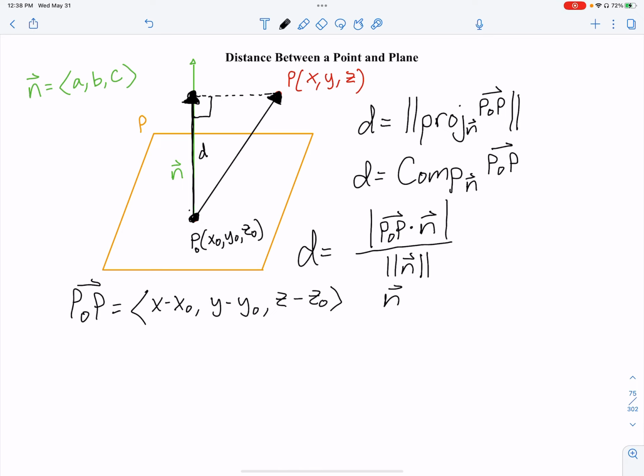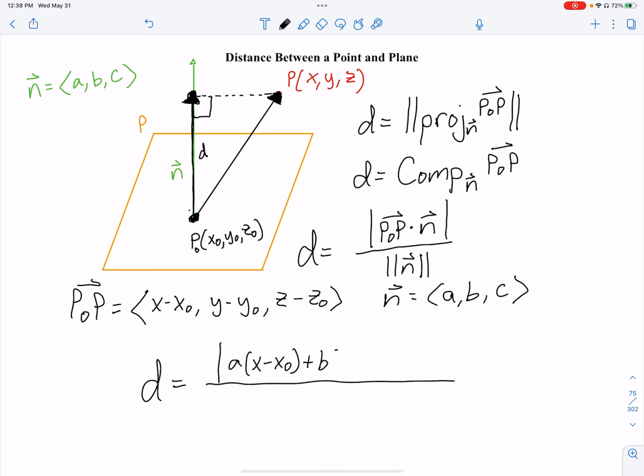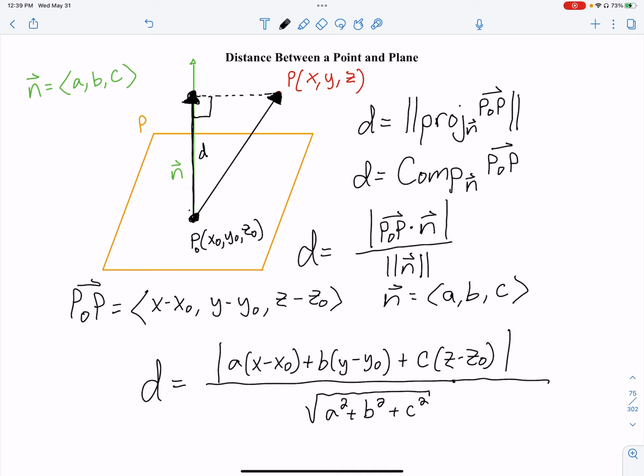And then I have vector N, which is up there, A, B, C. So if I dot those, the distance between a point and a plane is equal to the absolute value of A times X minus X naught plus B times, that should look familiar, Y minus Y naught plus C times Z minus Z naught. That absolute value divided by the magnitude, and I'm going to just write out the magnitude definition. The magnitude is the square root of a squared plus b squared plus c squared. So that is the definition for distance.